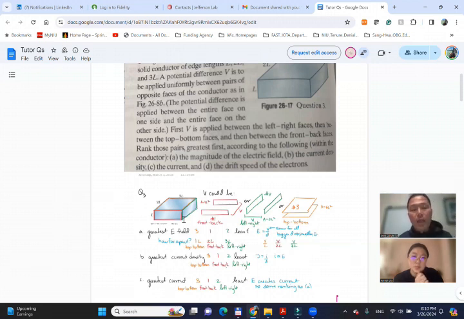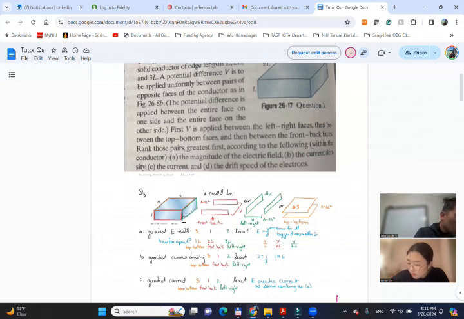I think that I is V over R, right? So V is constant. It applies to all of the directions, so V should be a constant value. Then you divide by R and divide by the cross-sectional area to get the current density.